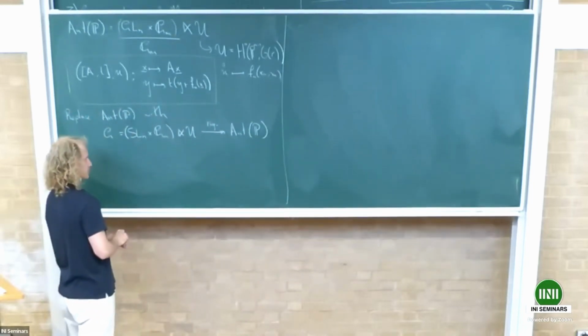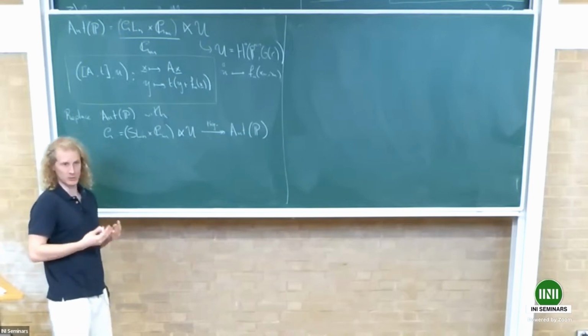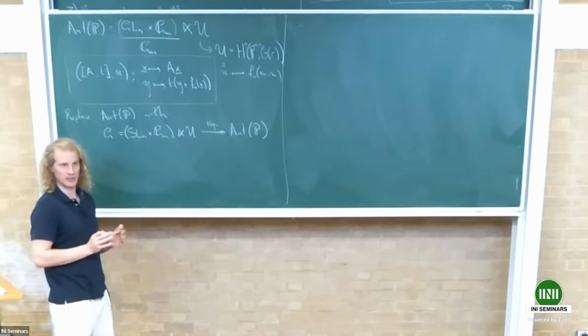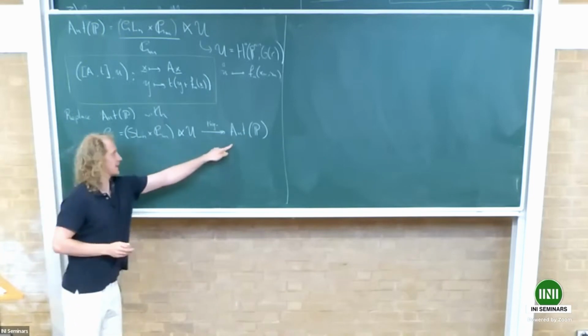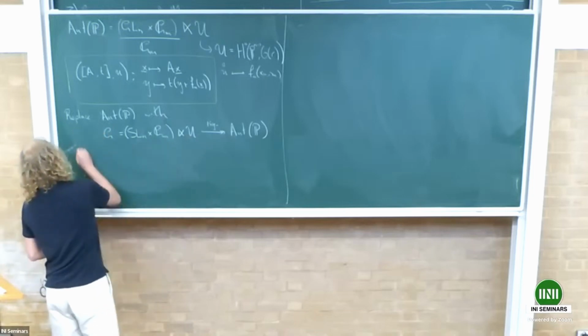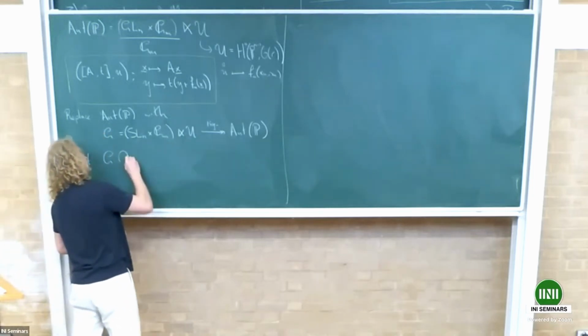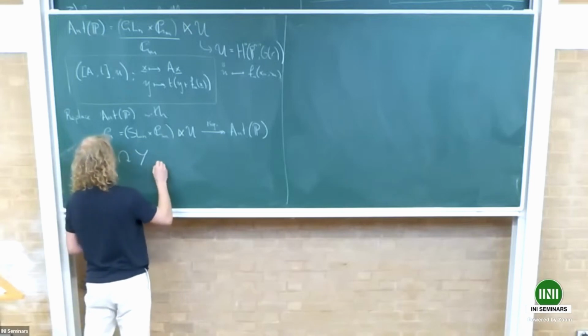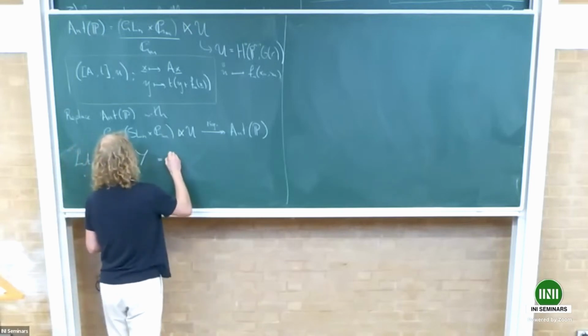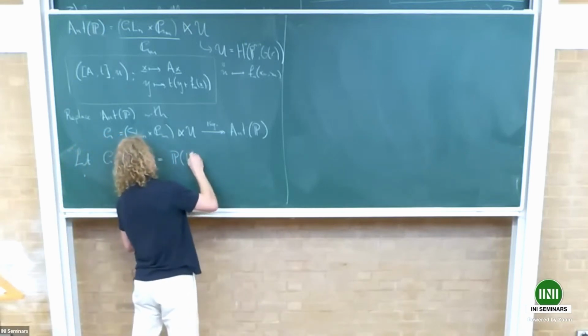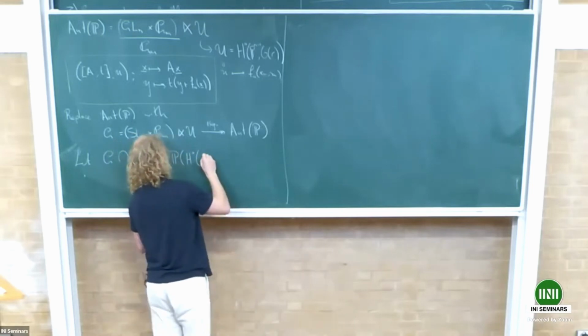And so the GIT, at least of the coarse moduli spaces, is not going to care about replacing this action with this action. So then we let G act on Y, and Y really is equal to this. So this is the linear system.